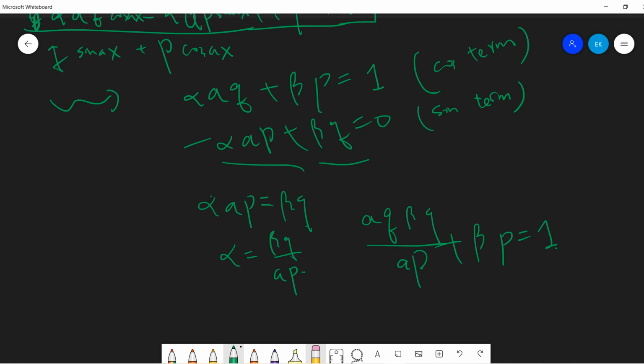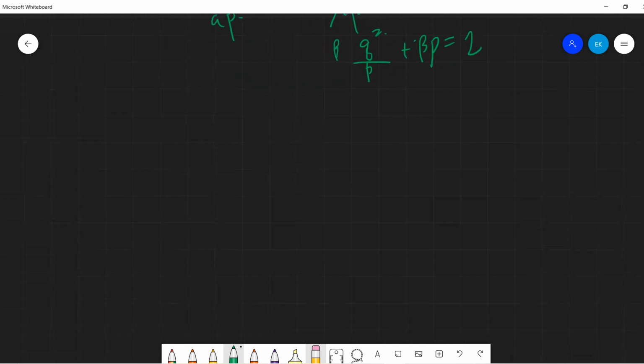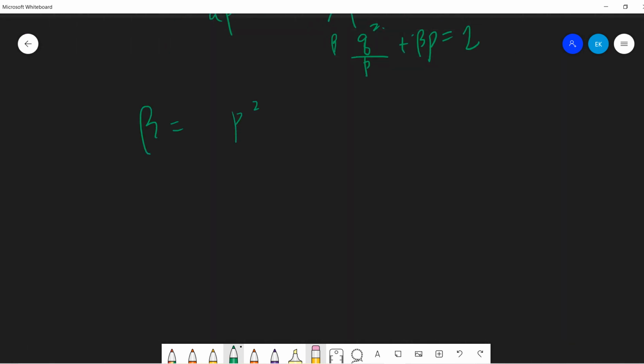Okay, so beta q square, a cancels, p plus beta p equals 1. Okay, so it's very happy that we find beta is p divided by p square plus q square. And what is alpha?